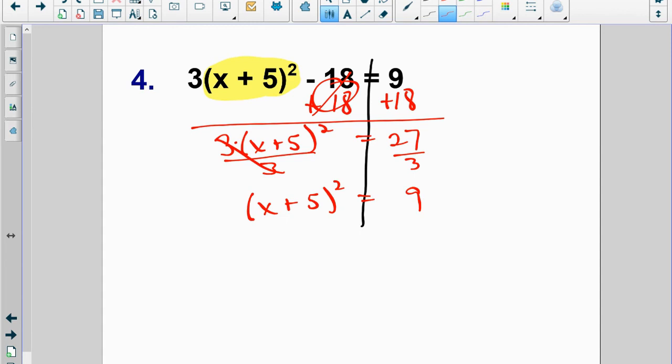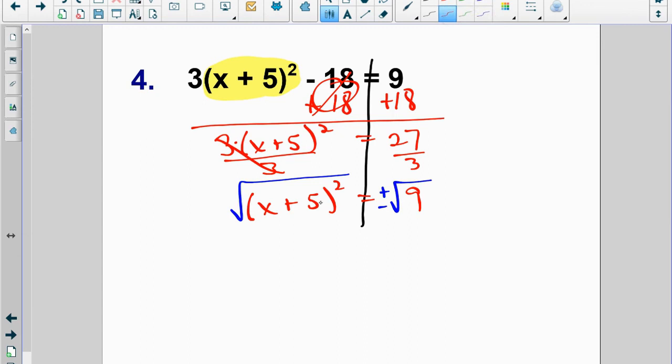So now I have the part that's squared by itself. I can't subtract 5 here because that plus 5 is in the parentheses. I have to undo what's outside of the parentheses before I can take care of that plus 5. So next is when I want to square root to undo the exponent. Square root both sides, but remember the plus or minus. Need to have that in there.